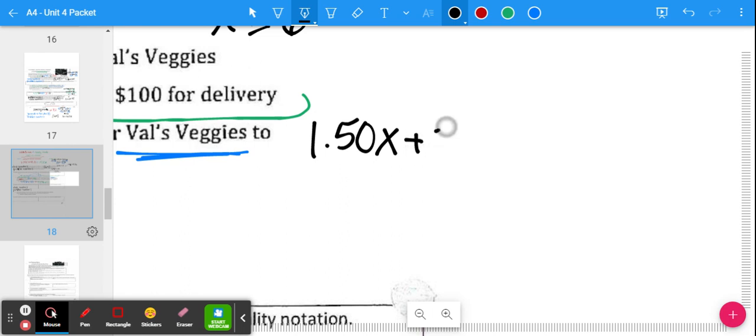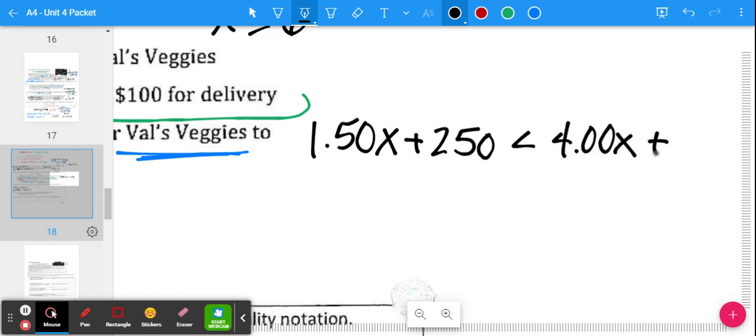So we have 1.50x plus 250 less than 4x plus 100. So let's get all of our x's on one side. I'm going to move mine left. You may move yours to the right if that's what you wish.